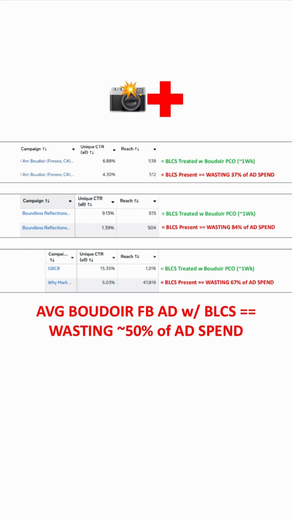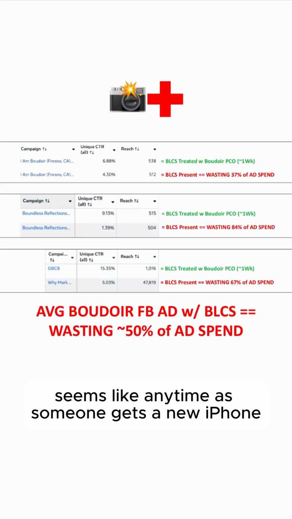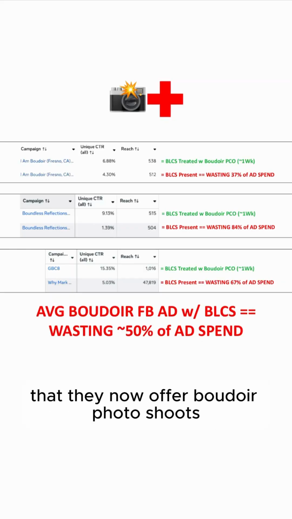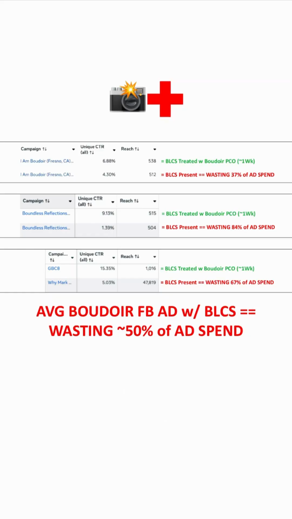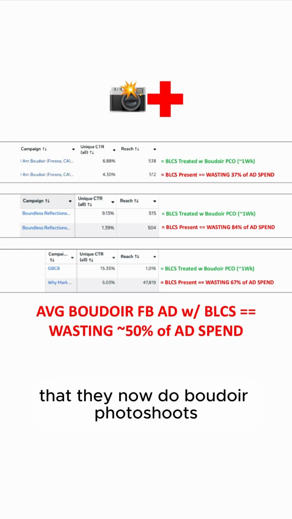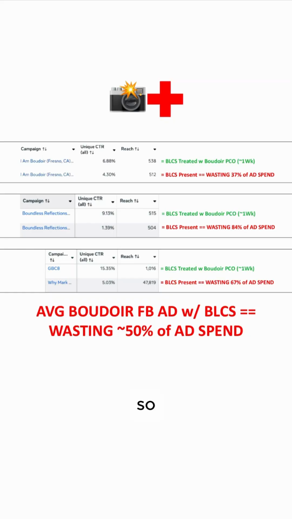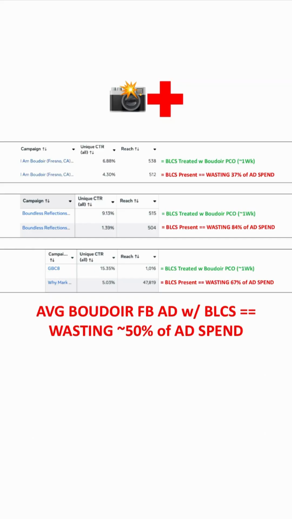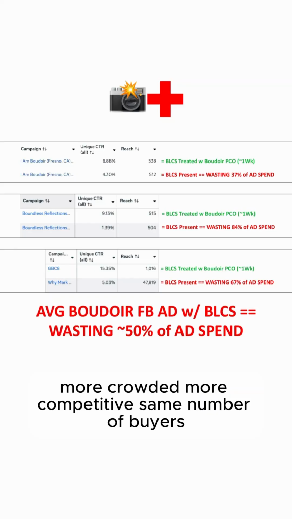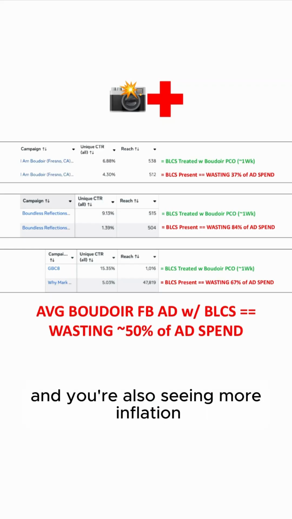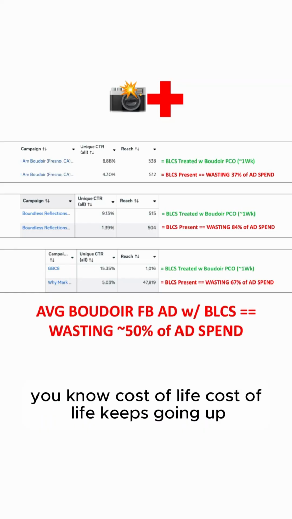Seems like anytime someone gets a new iPhone, they're throwing up a Google My Business profile that they now offer boudoir photo shoots. And it seems like anytime someone gets a new camera, they're posting in the mom groups that they now do boudoir photo shoots. So you're seeing that the marketplace gets more crowded, more competitive, same number of buyers, but more sellers, so harder to stand out. And you're also seeing more inflation, cost of life keeps going up.